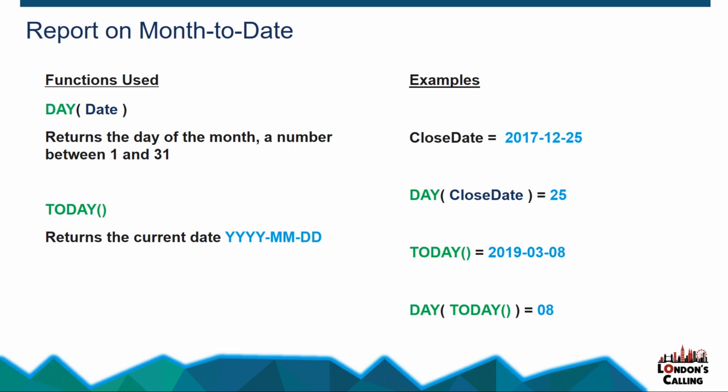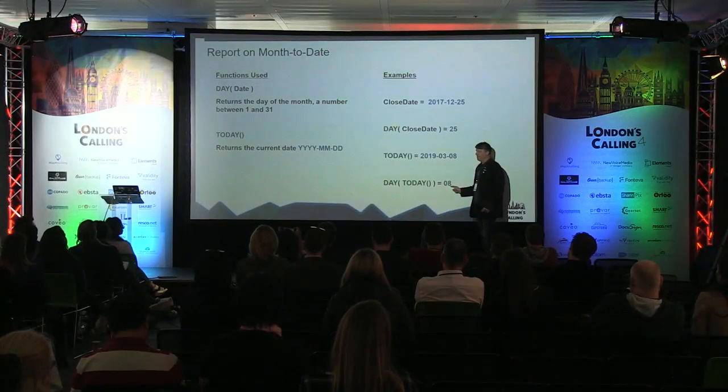The TODAY function returns whatever the current day is. If you wrote a formula right now and just put TODAY in the formula, it would return March 8th, 2019. And you can wrap DAY around TODAY, and it will just return the number 8.